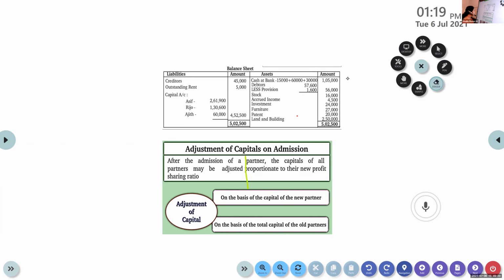Now coming to the liability side, creditors 45,000. There was no transaction, no change regarding creditors, so the same figure as in the old balance sheet. Outstanding rent. There was an increase in liability. Outstanding rent, so 5,000.